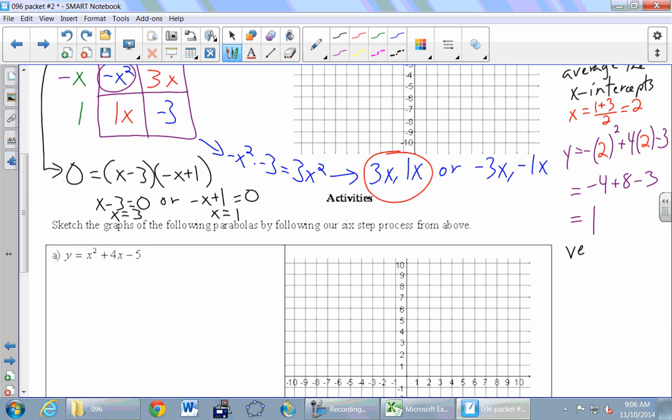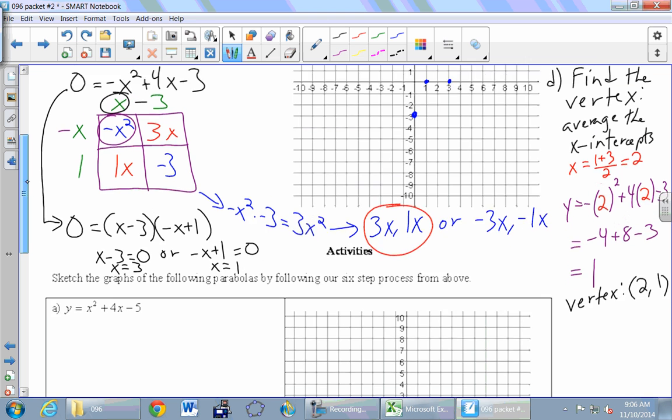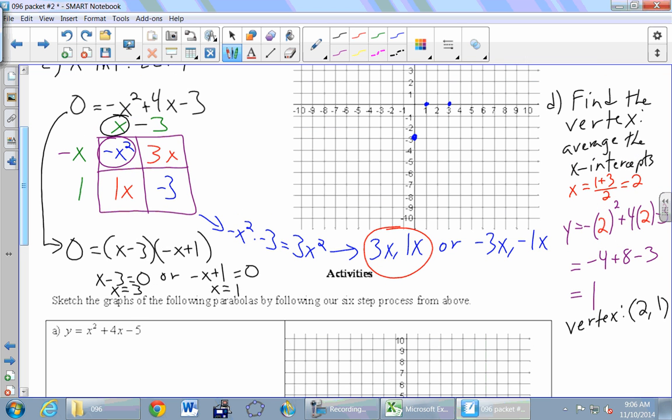So that means that the vertex has what coordinates? 2, 1. So go ahead and plot the vertex at 2, 1. 2, 1 is here.